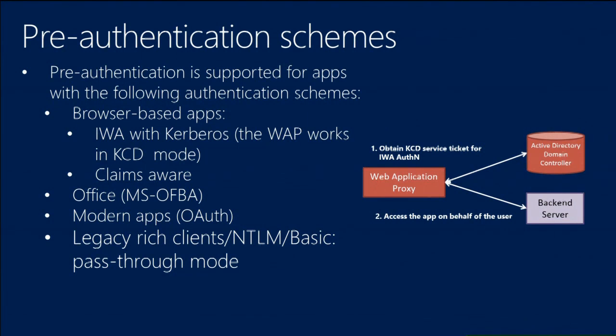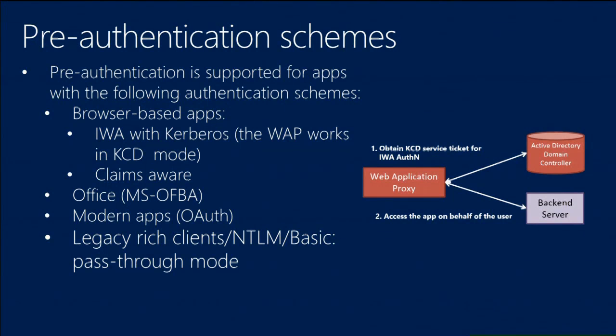The Microsoft Office forms-based authentication, that's the FBA implementation for Office to work. If you think about rich Office clients like Word and PowerPoint on the device, trying to access a file that resides over the internet on your corporate SharePoint or file server, things like that, it'll use that protocol.